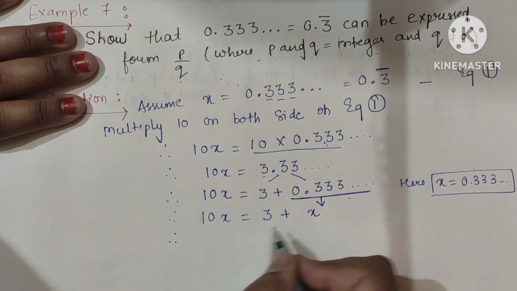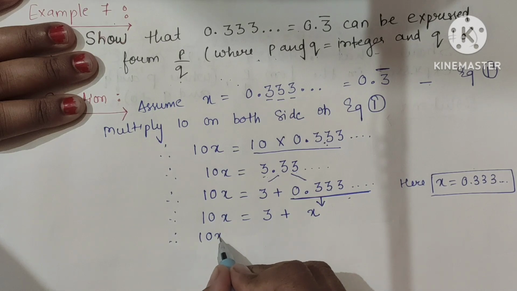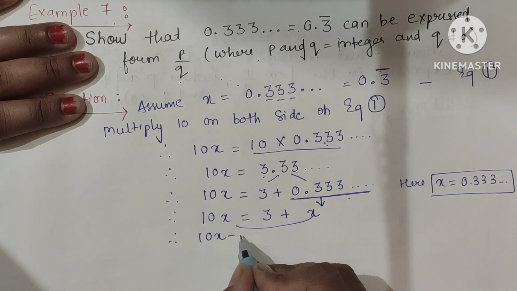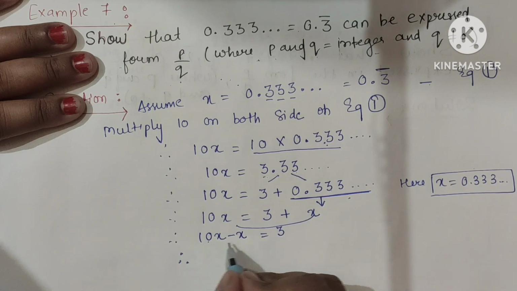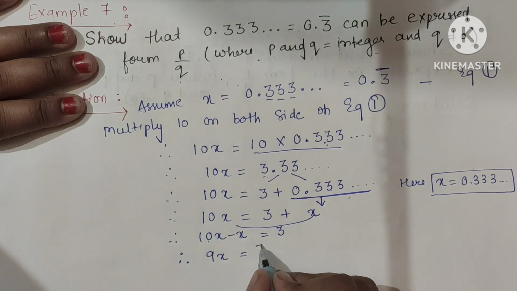Now doing normal calculation, 10x minus x is equal to 3. 10x minus 1x is 9x, that is 3.